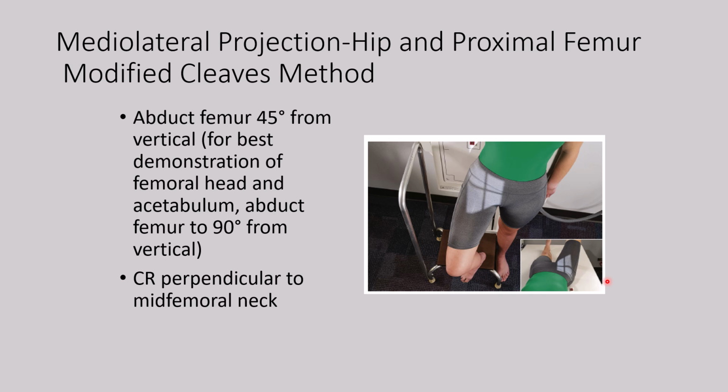And it's a medial lateral projection because you're entering medial, exiting lateral. This is a lateral proximal femur, and it also can be referenced as a modified Cleaves method. Okay, all of this again is on page 294 of your textbook.